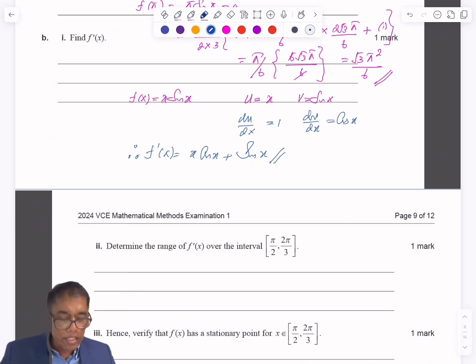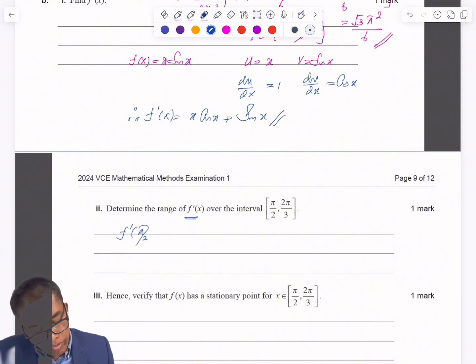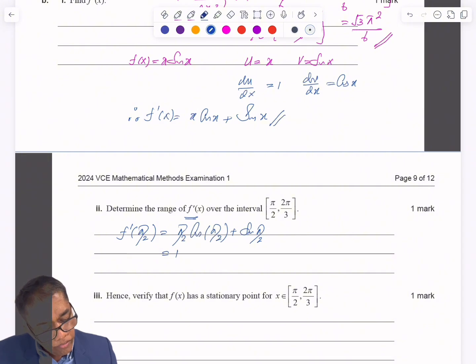Next part of the question: determine the range of f dash x. We have to find f dash of pi on 2, which is pi on 2 times cos pi on 2 plus sin pi on 2. It is 1. f dash of 2 pi on 3 is 2 pi on 3 times cos 2 pi on 3 plus sin 2 pi on 3.